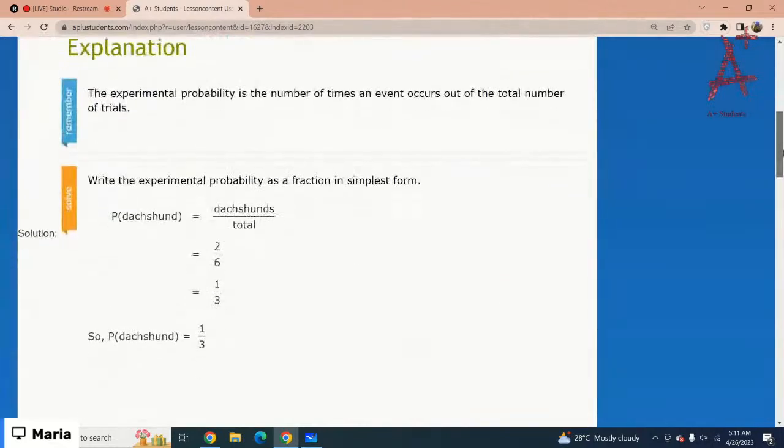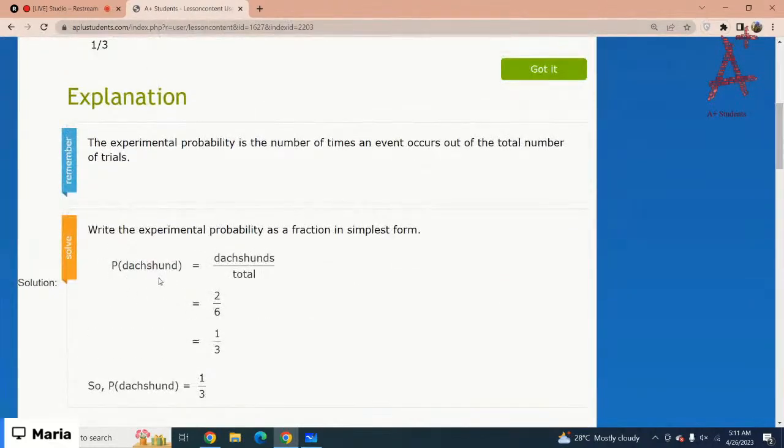The probability of Dachshunds is divided by the total. So the total dogs are six. First of all, let's see what the experimental probability is. The experimental probability is the number of times an event occurs out of the total number of trials. So the total dogs are six, and out of the six, two are Dachshunds. Got it? So that means the probability of the Dachshunds is 1 over 3. Got it?